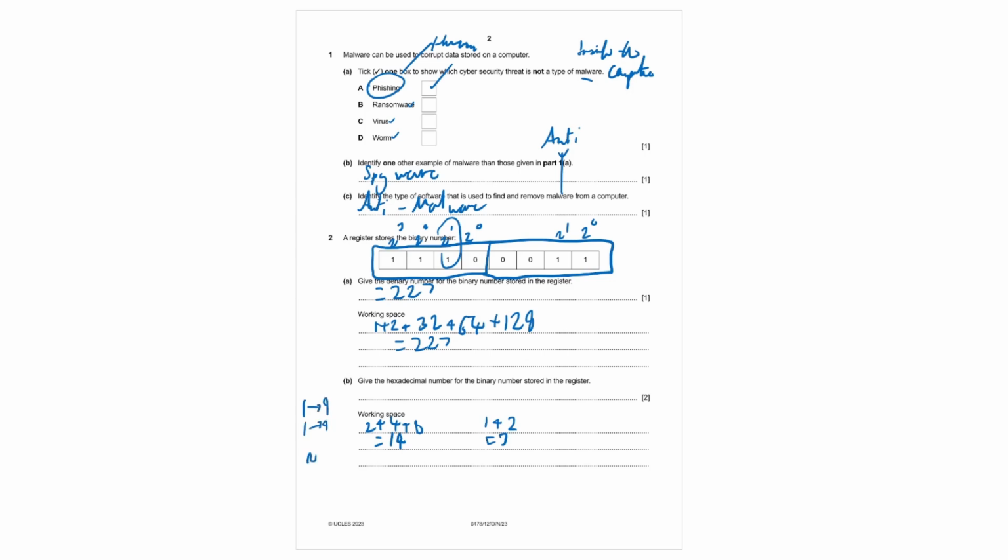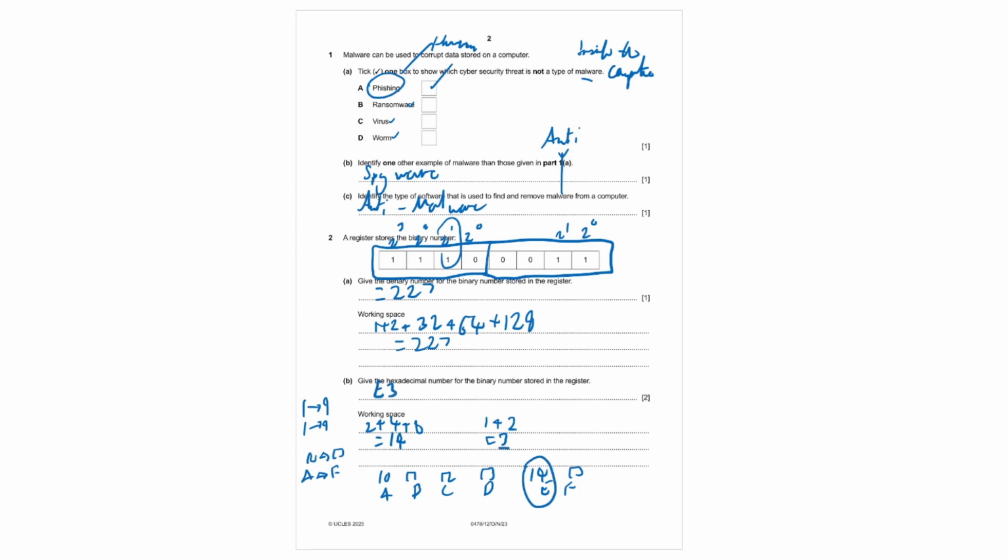However, 10 to 15 is given as A to F. And note how 14 is greater than 10. So we have 10, 11, 12, 13, 14, 15. 10 is A, so this is B, this is C, D, E, F. So 14 is E, and 3 is just written as 3.